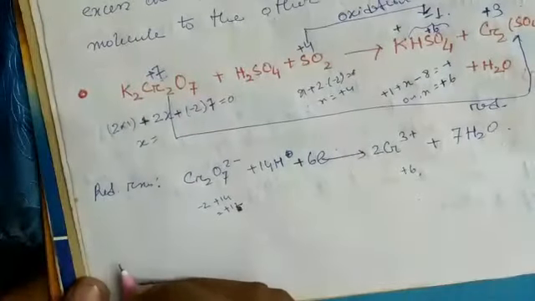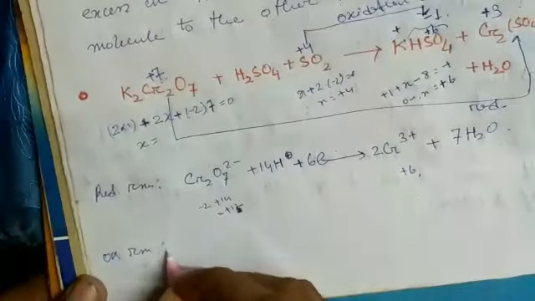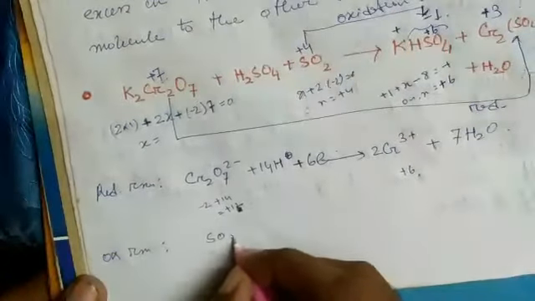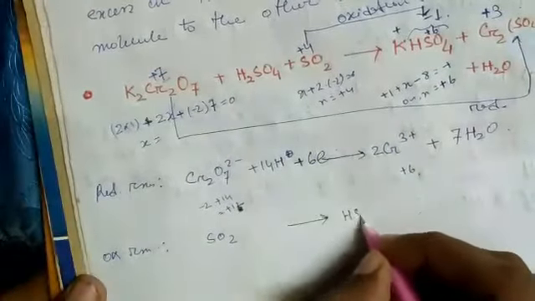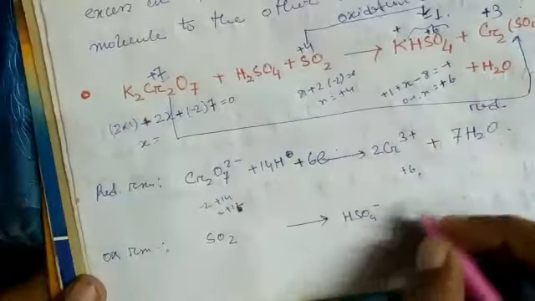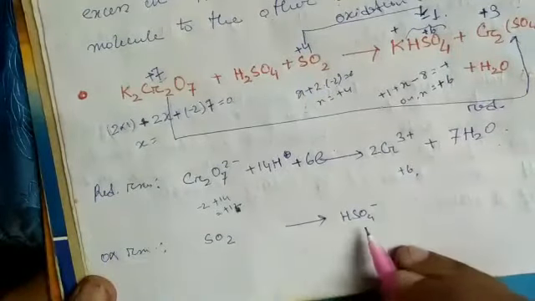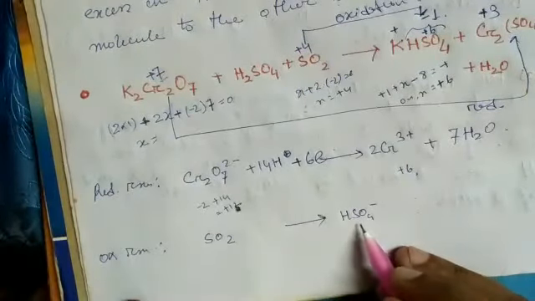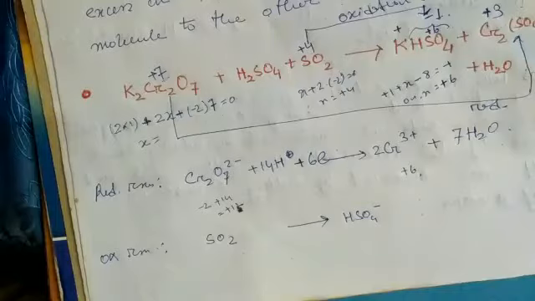Now we have to write the oxidation reaction. Here is only 1 sulfur and here is only 1 sulfur, so we do not have to adjust the number of sulfur. We have to adjust the number of hydrogen and oxygen.